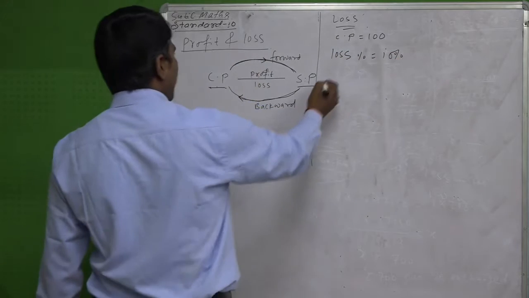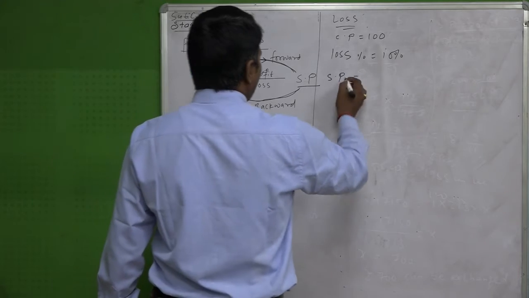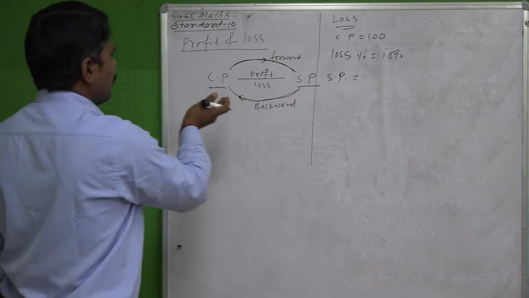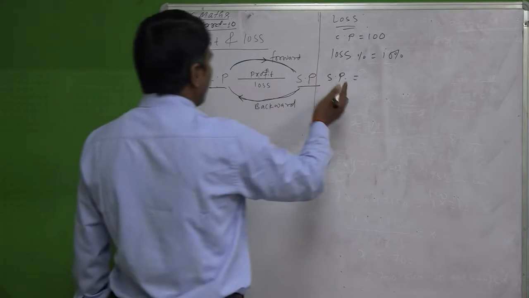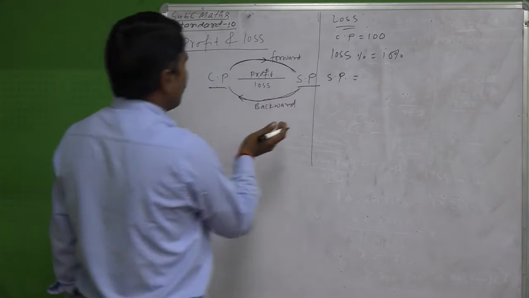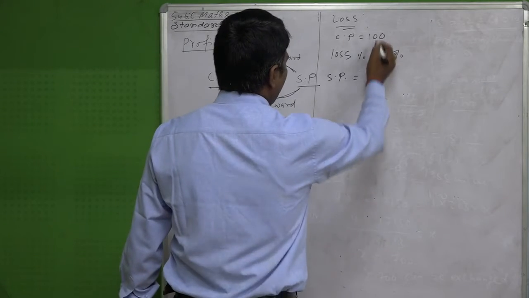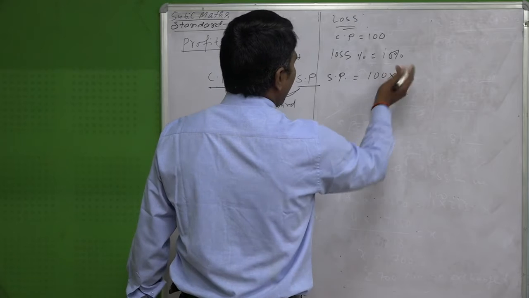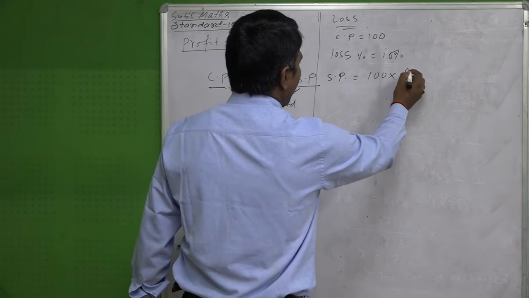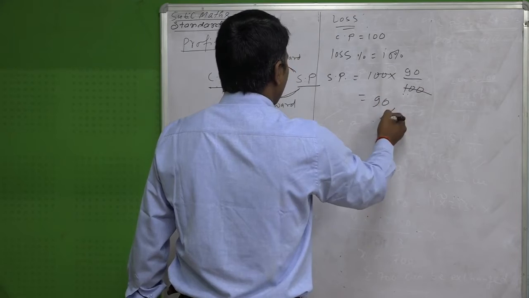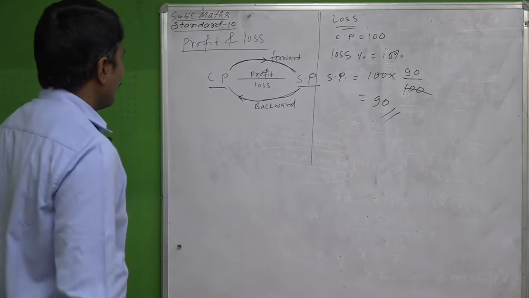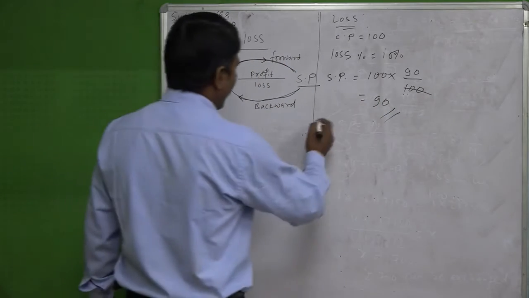How to find the SP? At that time, just do backward calculation. For the SP backward calculation, backward means you do minus. Suppose CP 100 into, now from 100 minus 10, then 90 by 100. 100 cancels, 90 is the SP. Within a second you can find the answer.